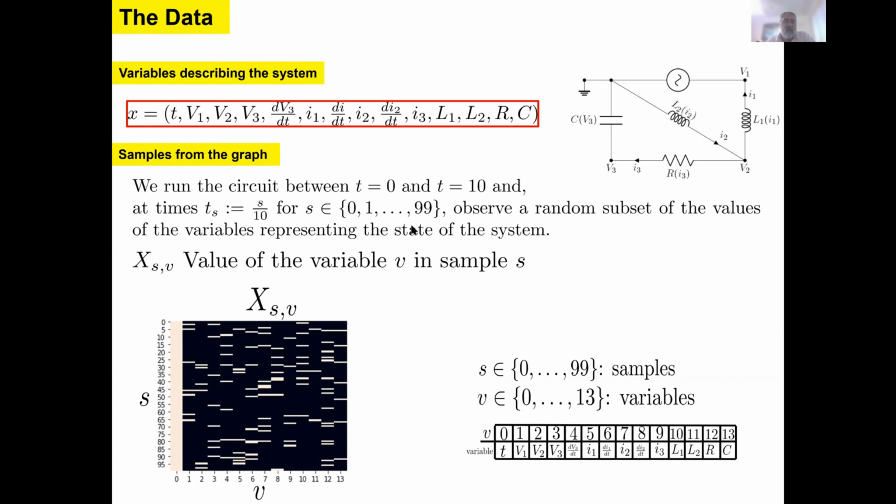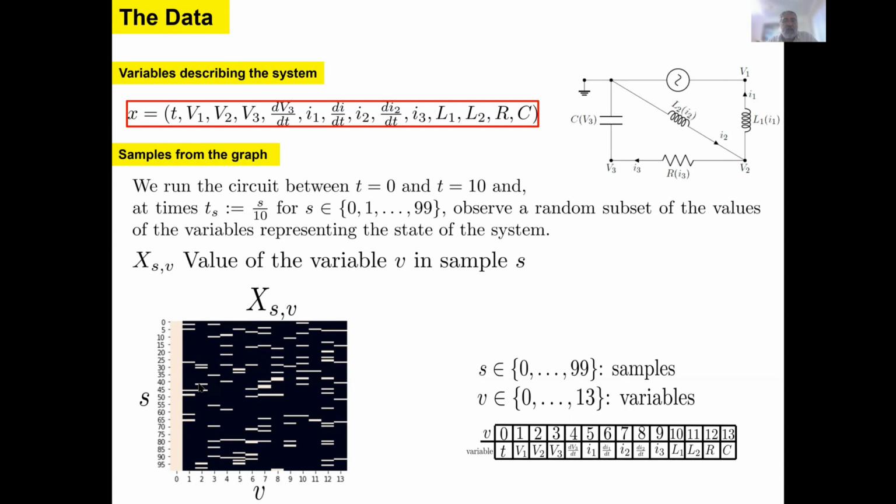Now, if for each one of those samples indexed by s, we write X_sv for the value of the variable v in sample s, then X_sv can be seen as the entry (s,v) of some matrix X that has 100 rows because we have 100 samples, and 14 columns because we are tracking 14 variables.